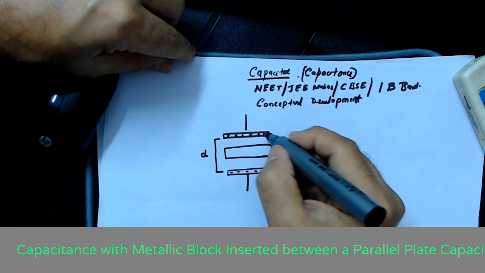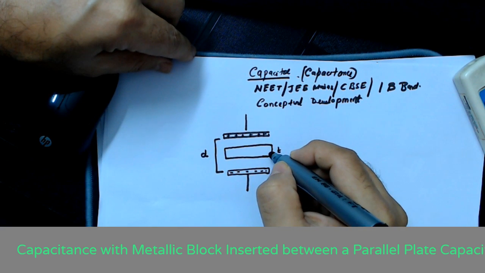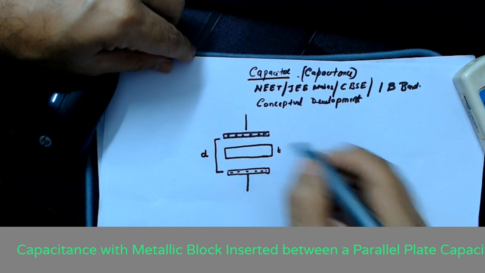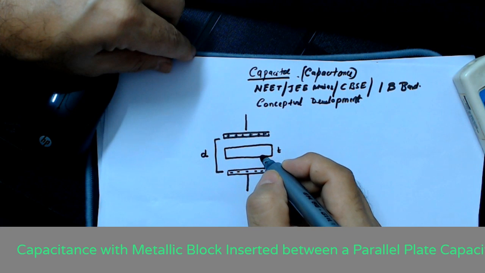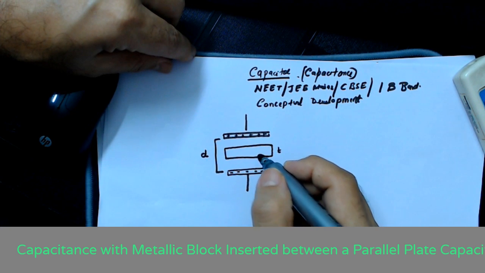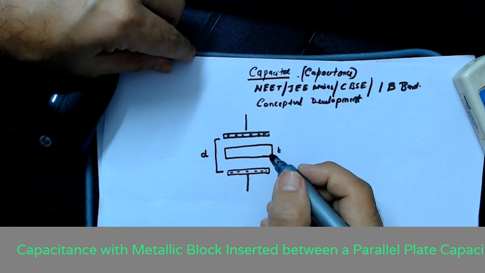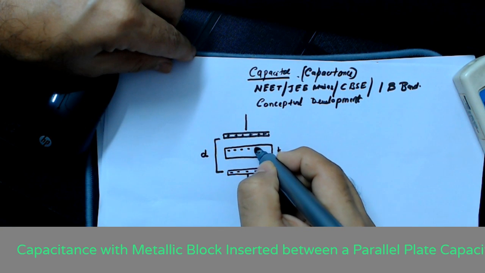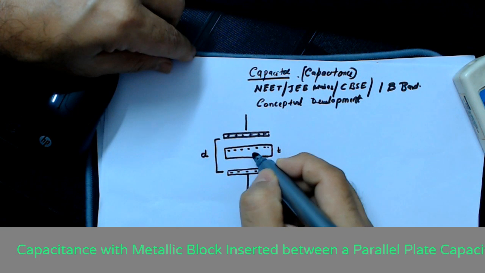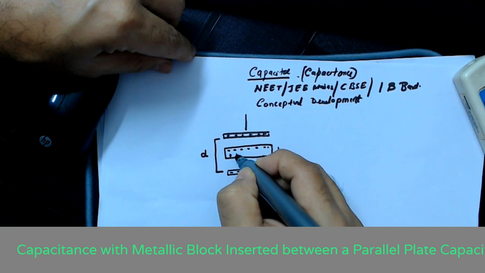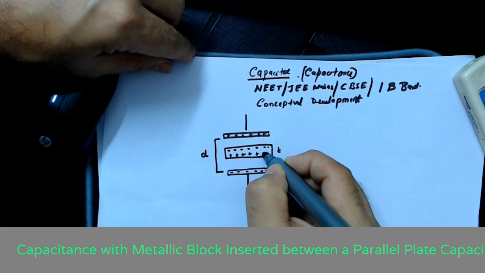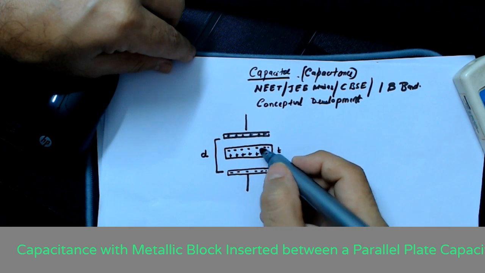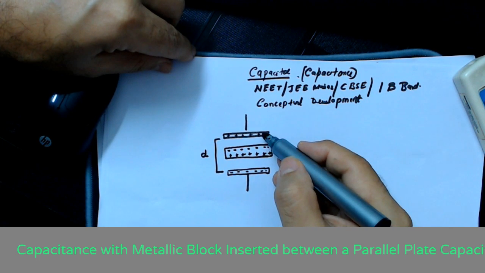And when you introduce this metallic block, as you might have studied, you cannot have any electric field inside it. What happens to the metallic block is the charges get attracted towards the plates of the capacitor.